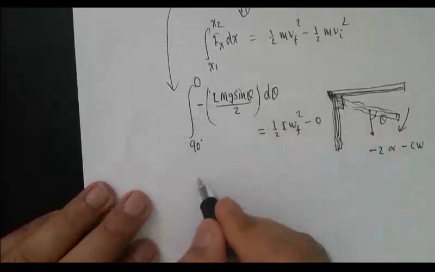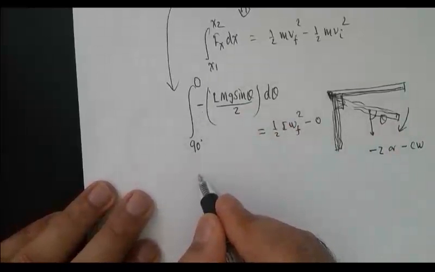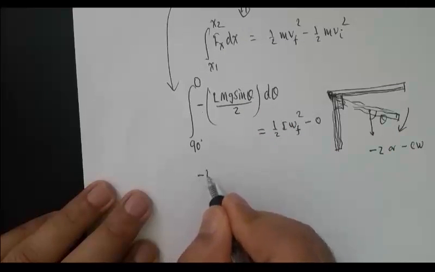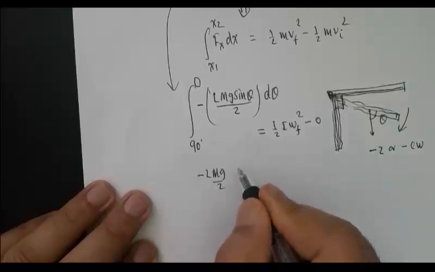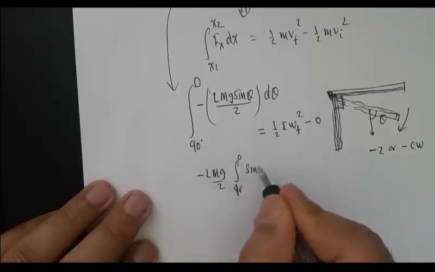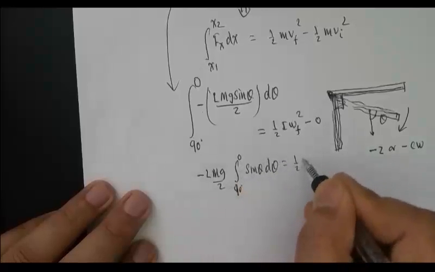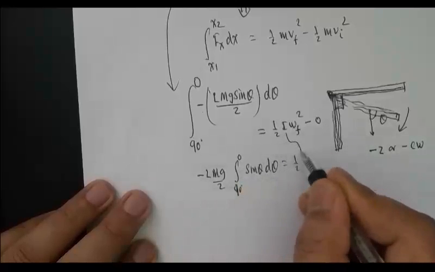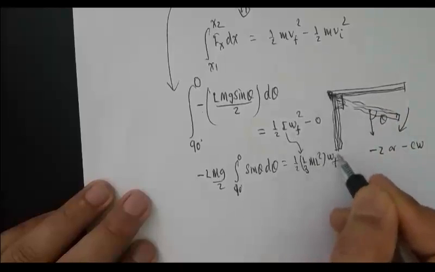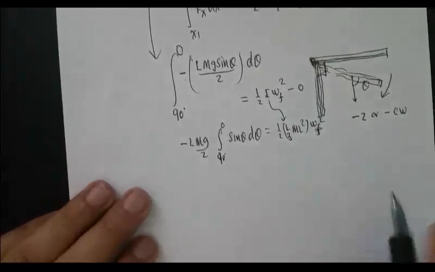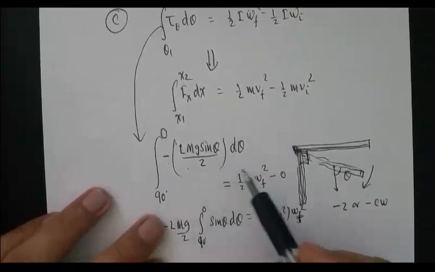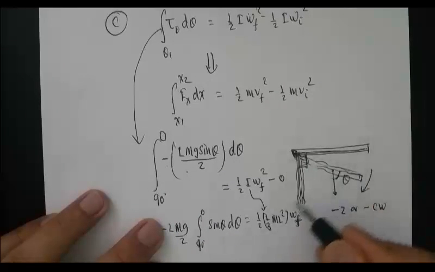So negative L m g over 2 times the integral from 90 degrees to 0 of sine theta d theta equals 1/2 times the moment of inertia, again about this pivot point, 1/3 m L square, times omega final square. You have to do integration because torque is not constant here; the angle theta is constantly changing as it falls.